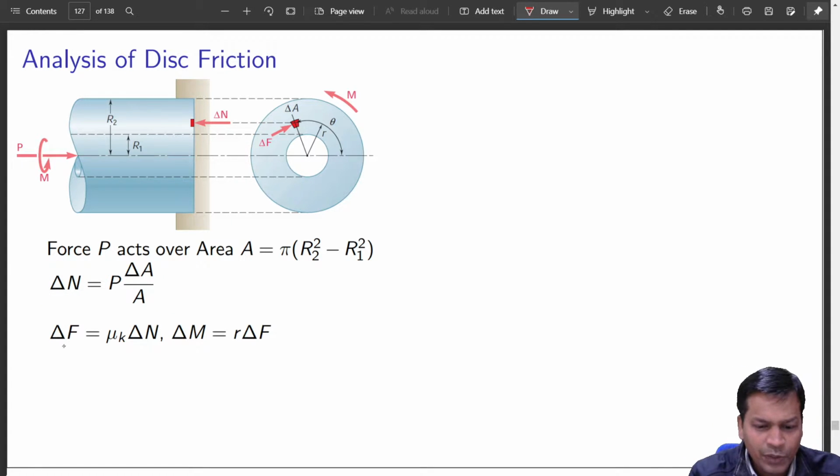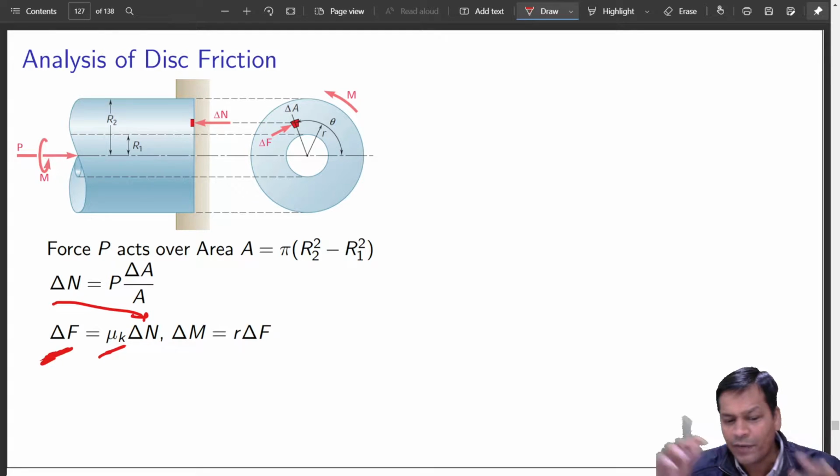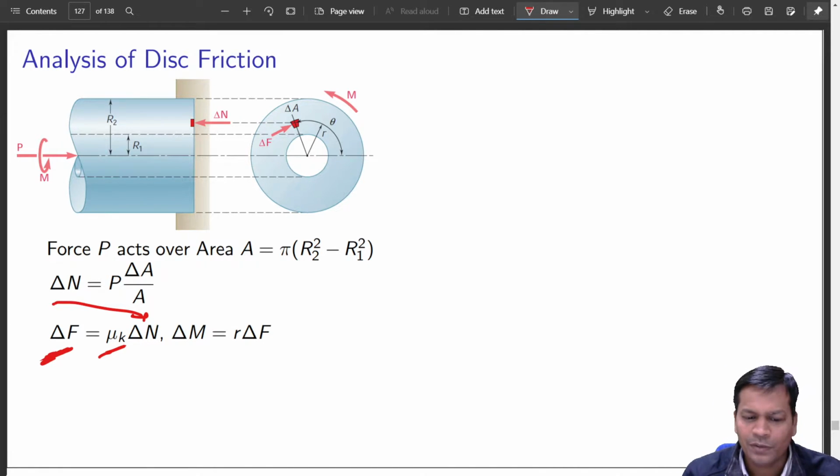That normal force can now be used to give the frictional force, using mu k. This shaft is running, so it is kinetic friction, not static friction, mind it.